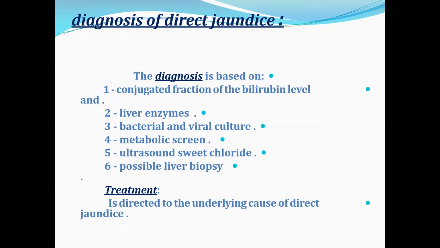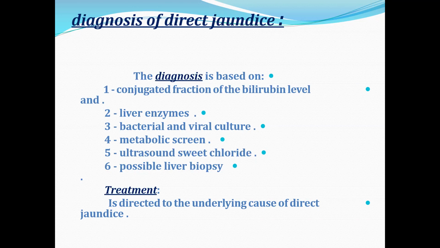Diagnosis: of course, in every case of jaundice, you should send for fractionation of the total bilirubin level, so you know the conjugated and unconjugated types. Here we have a conjugated type: liver enzymes, bacterial and viral cultures, metabolic screen, ultrasound, and sweat chloride for cystic fibrosis, and possibly liver biopsy in undiagnosed cases.